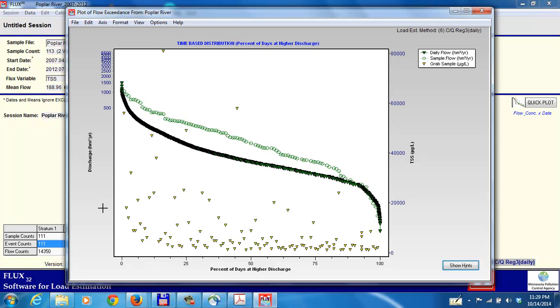I'm not aware of exactly how the FLUX model calculates the position that each of those values takes, that is, the exceedance value associated with them. But it's nice to see that the two curves are different, but the fact that they're somewhat similar might tell you that there's some good representation of flows within the sample record.